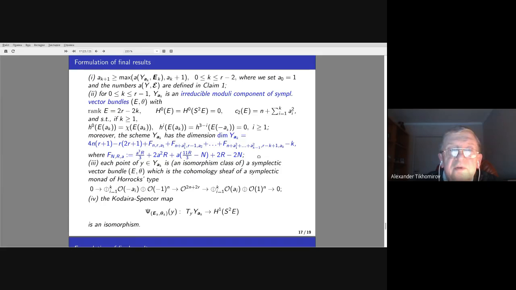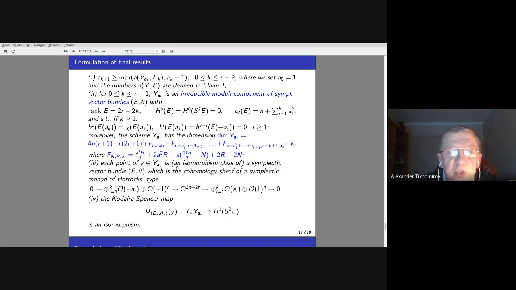So this is, of course, generically bigger than the expected dimension for symplectic bundles with this N and R, which was given by this for tame symplectic bundles.